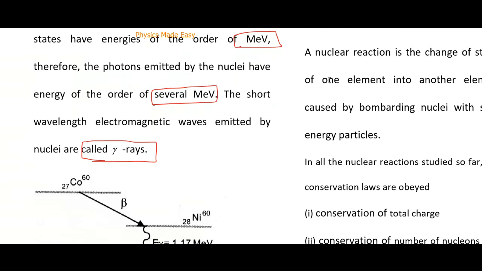Now they can de-excite in radiative way or in non-radiative way. If they de-excite in radiative way, then they emit radiations. But after beta ray emission, usually the energetically possible radiative decay is gamma decay. So gamma decay follows the emission of beta particle.